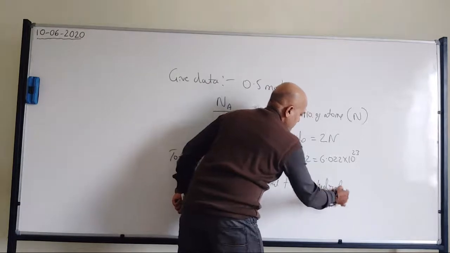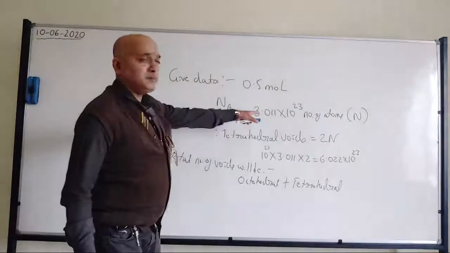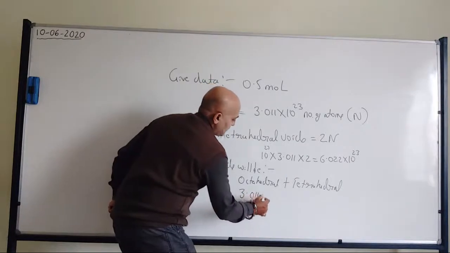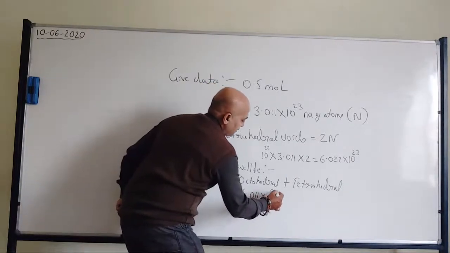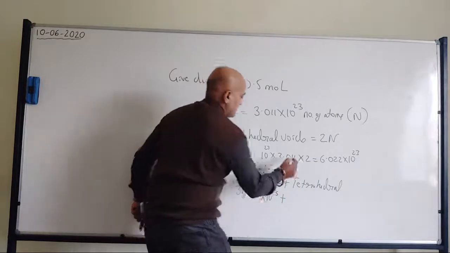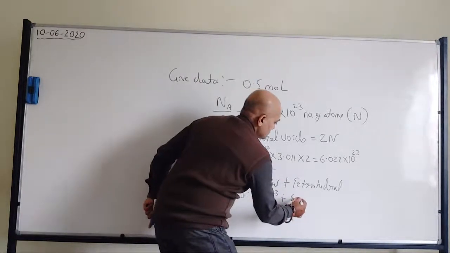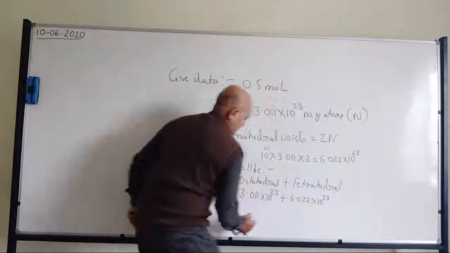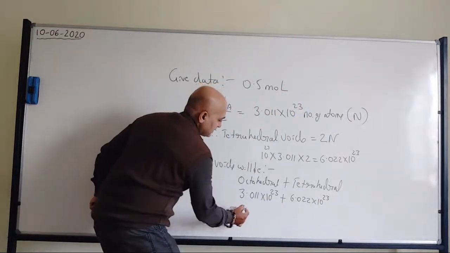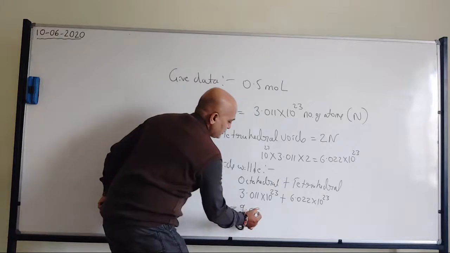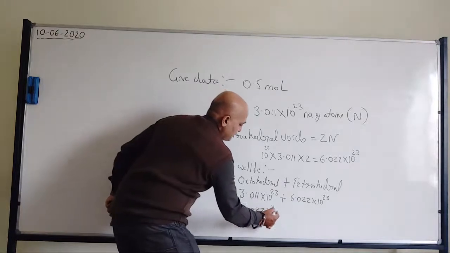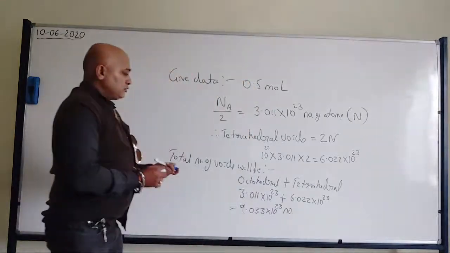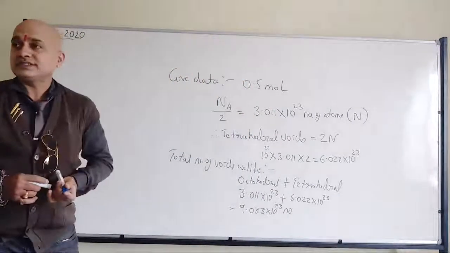And all of us know the number of octahedral voids is the same as the number of atoms, that is 3.011 into 10 to the power of 23, plus here we have 6.022 into 10 to the power of 23. That will be 9.033 into 10 to the power of 23. That will be the total number of voids.